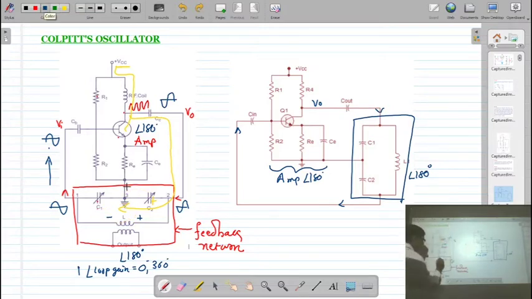Across this capacitor we have the output voltage of the amplifier, and whatever voltage is induced across this capacitor will work as a feedback voltage for the amplifier circuit.